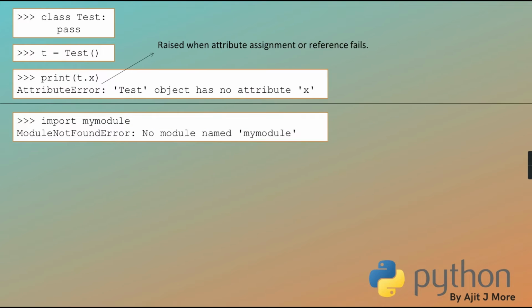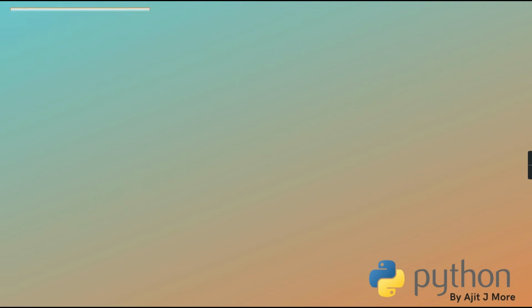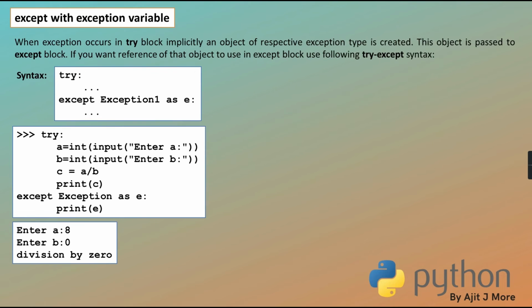Today also I told you. Now today, when I took this situation where you wanted to collect the reference, I wanted to collect the reference of that exception. So that time also I was telling you that there are different types of exceptions.